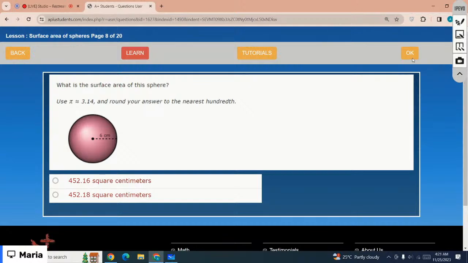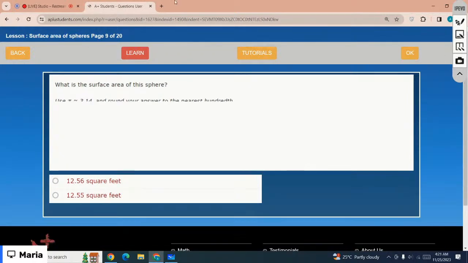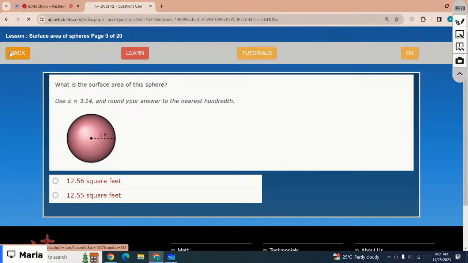The formula is 4 pi r square, right? The correct option is option number 1. That is 452.16 square centimeters, right?